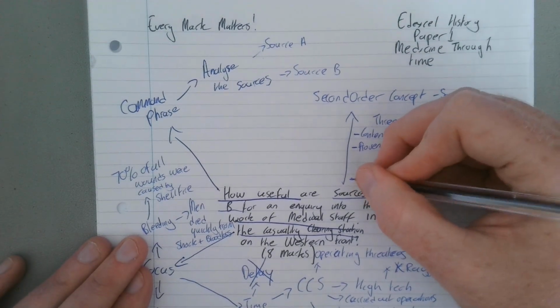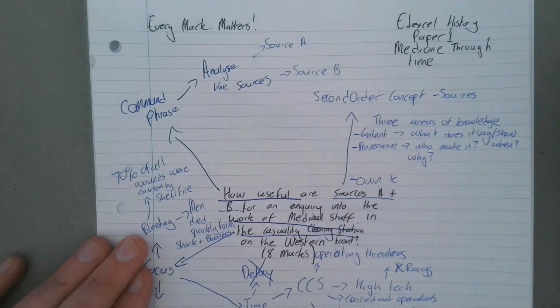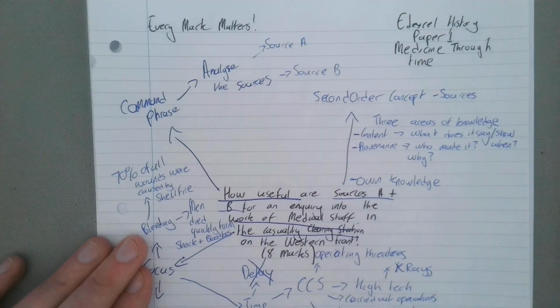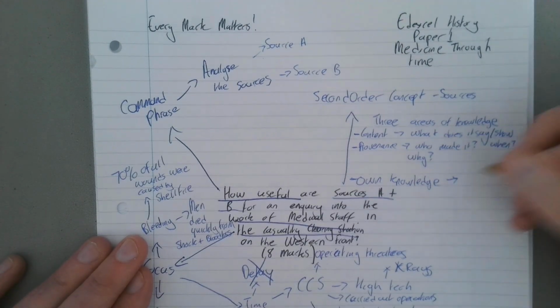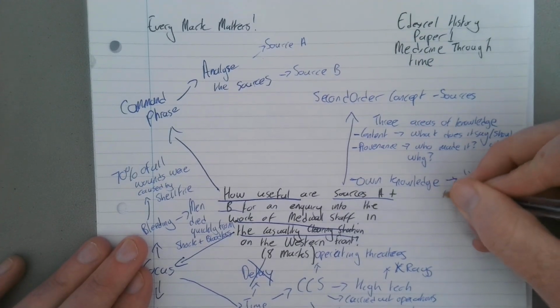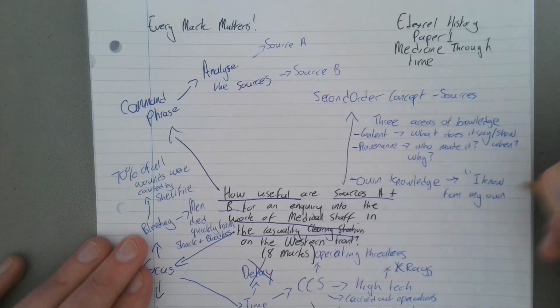And then the final area of knowledge is own knowledge. That is where you might use what I call my golden ginger phrase: I know from my own knowledge.